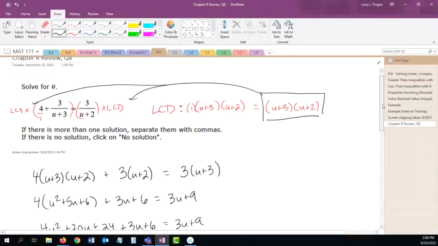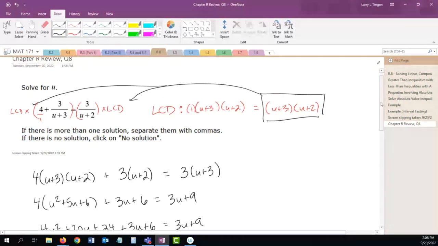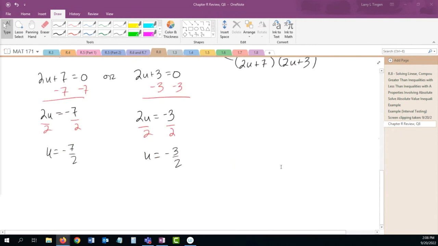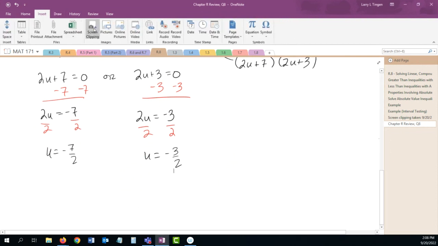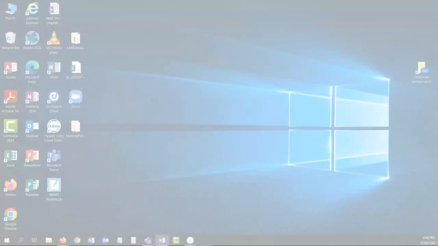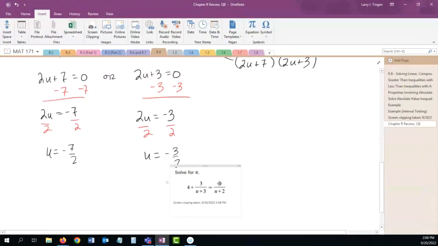So original problem, 4 plus... actually, steal it from here. So original problem, and paste in.